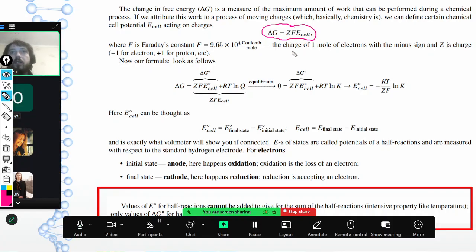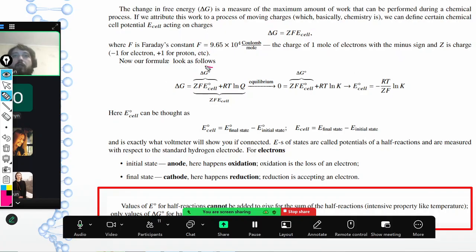Z is the charge. It can be -1 for an electron or +1 for a proton. F is Faraday's constant. That's basically the charge of 1 mole of electrons with the minus sign. We won't always estimate everything in chemistry in moles, so that's just some sort of convenience. And E is our potential of the cell.